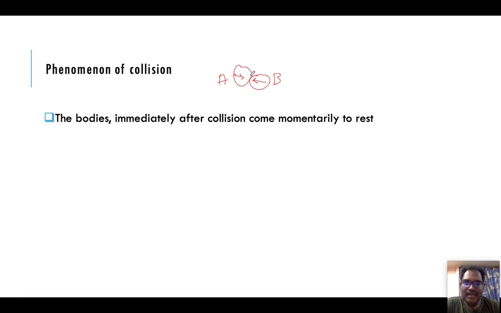Let me say at this colliding position, the time is 0. At this instant, when it is colliding, both the velocity of A and the velocity of B will be equal to 0. So this is the first point.